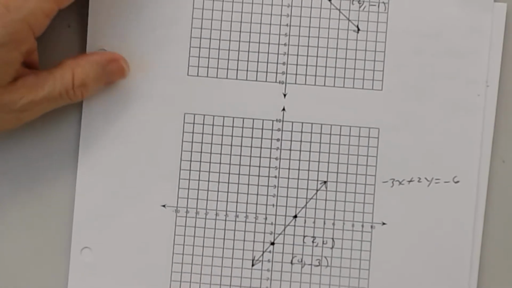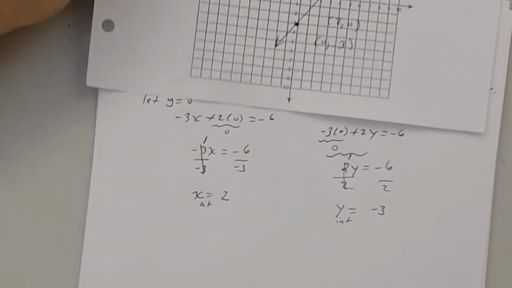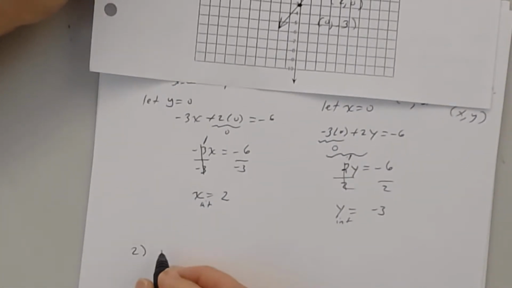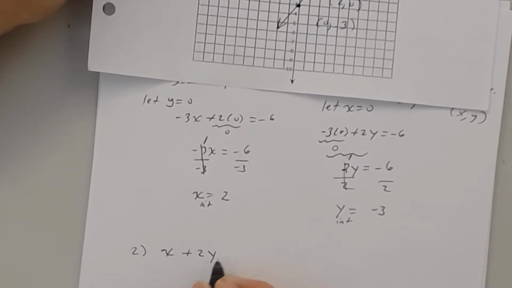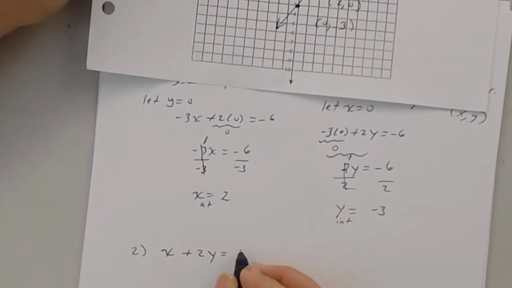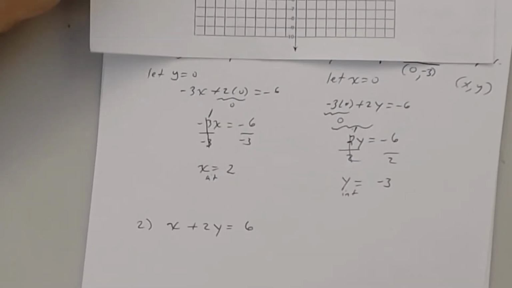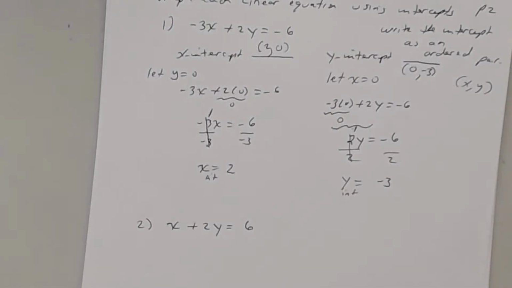All right. So let's look at the next one, number 2. Let's suppose we had x plus 2y equals 6. And again, follow directions. Directions says graph each linear equation using intercepts.